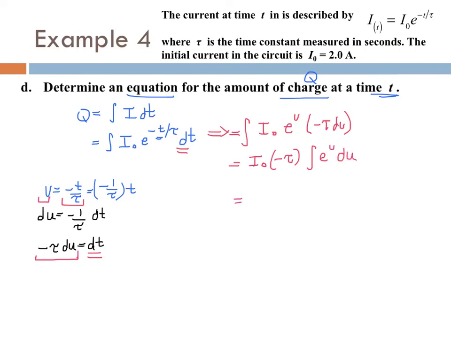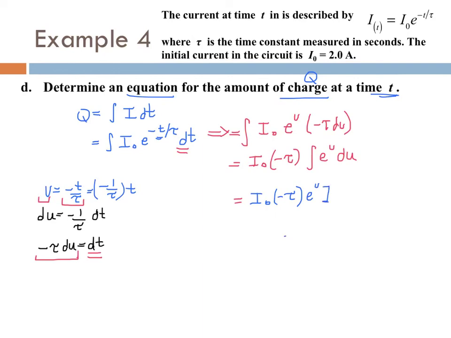Again, you've seen this equation before. The integral of e to the u is simply just e to the u. So I get I naught negative tau e to the u as my integral.